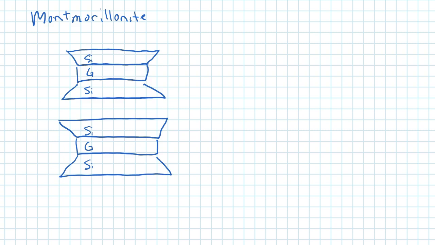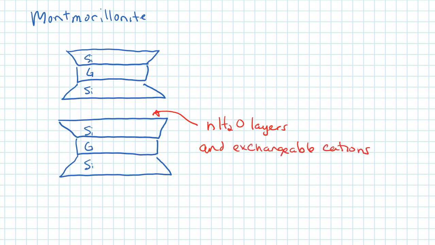Something that's important and different about Montmorillonite than the kaolinite, in addition to the building block, is that between each of these building blocks you have a number of water layers, or H2O layers, and exchangeable cations.